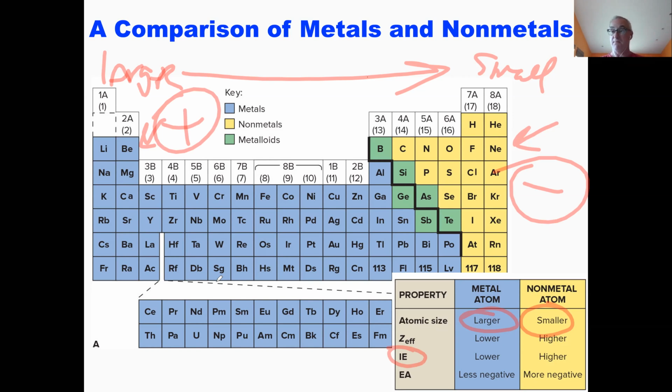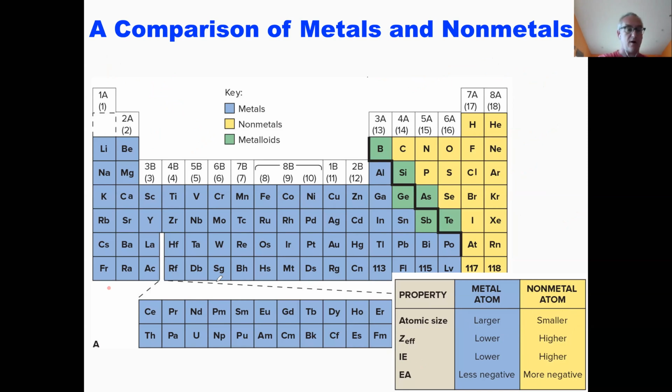The nonmetals gain a lot more stability when you add an electron to them. And so they have more negative energy because they lose more energy and become more stable when you add an electron than metals do. Some metals will gain a slight bit of stability when you add an electron, but they'll gain a lot more if they lose it. So that's why they tend to lose electrons and become positively charged.